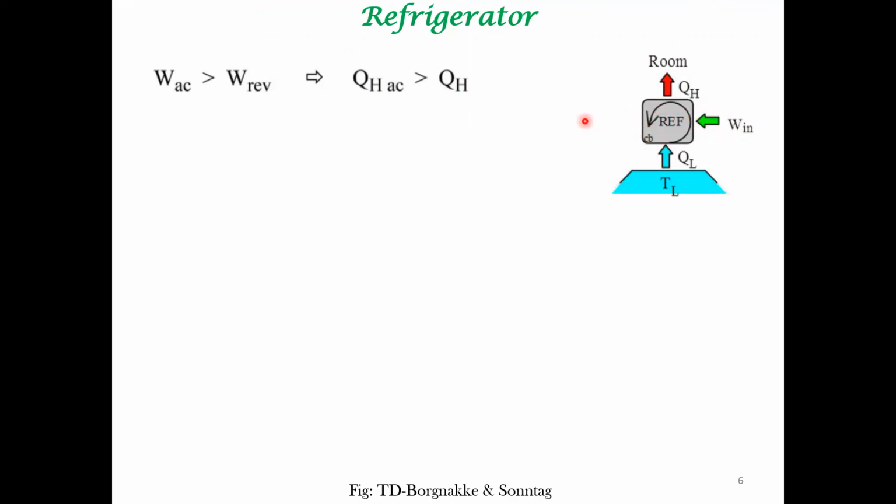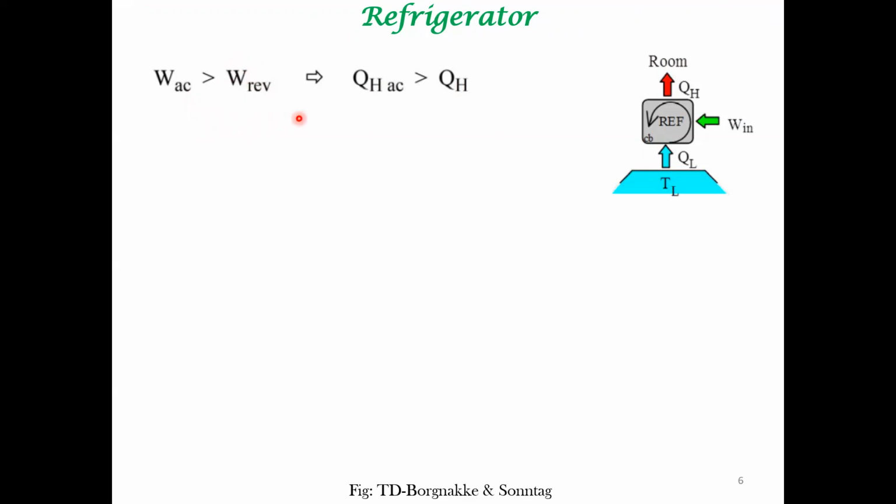An irreversible refrigerator, all actual refrigerators in reality, for the same amount of heat that is taken in from a low temperature reservoir, the work that has to go into an actual refrigerator is more than the work that goes into a reversible refrigerator.